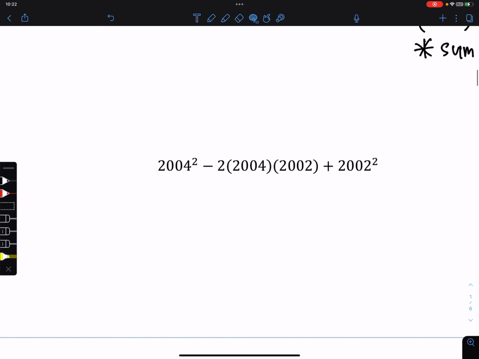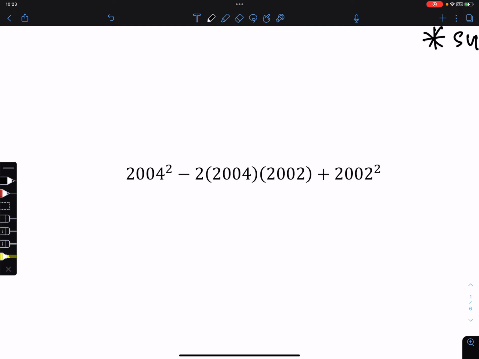Okay, now this is a challenge problem that you would see maybe in Algebra 2. Definitely Algebra 2 honors. Now, they want you to compute this. Compute the value of this. And you won't have a calculator when you do this. Now, if you do 2004 squared and multiply that out, you also have to do minus this and plus that.